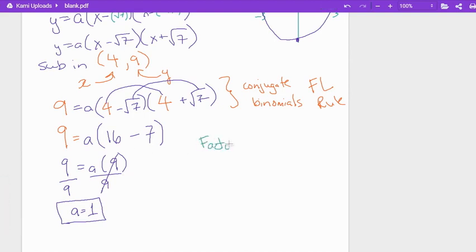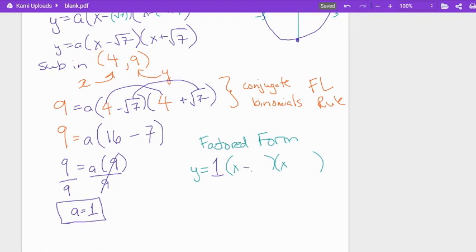And on an evaluation, you need to know which one is the factored form and which one is standard. So the factored form will look like this. Okay, I'll write the a, although I really don't need to.